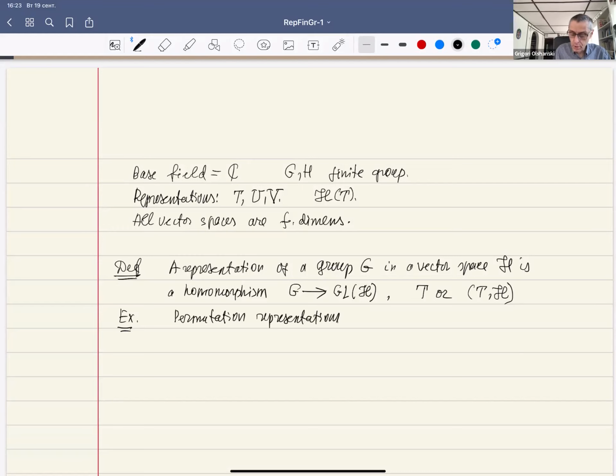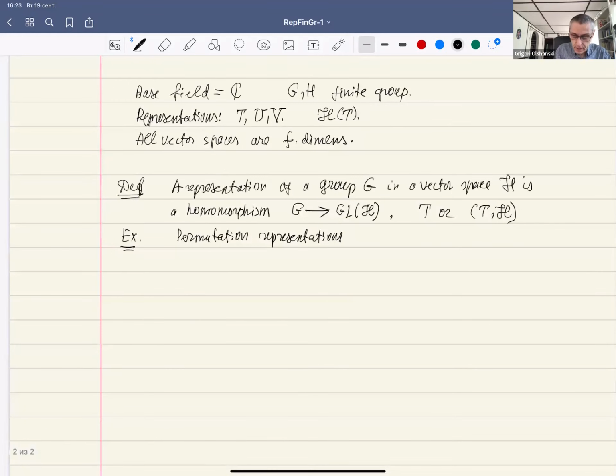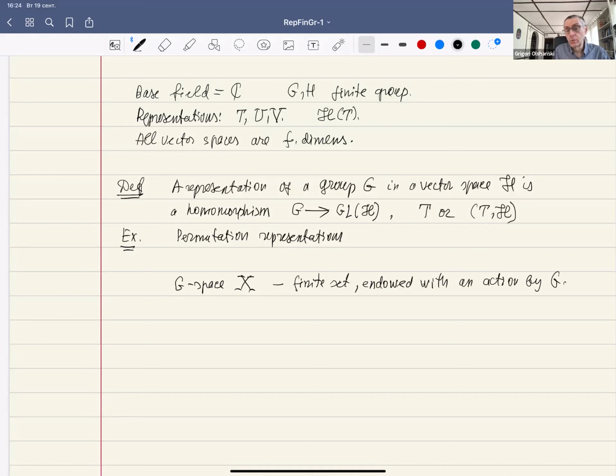We assume that we are given some G space X, which means that it is a space, say a finite set, endowed with an action by G. The action may be left or right.